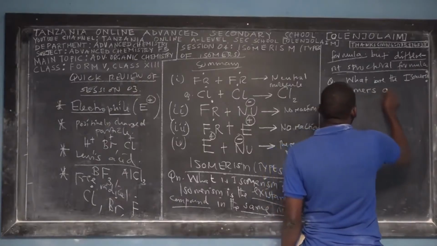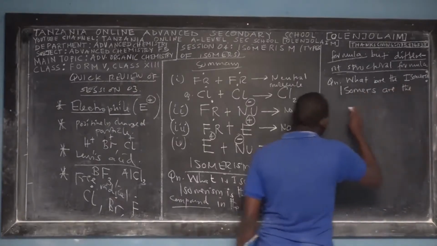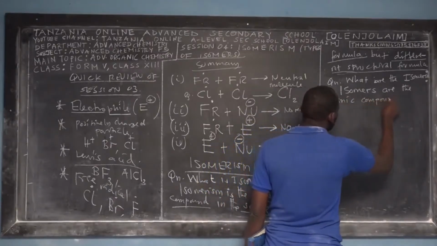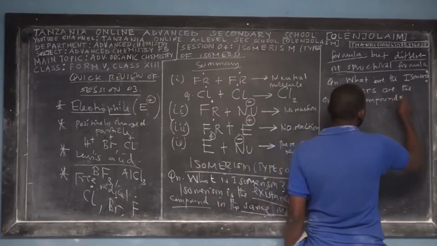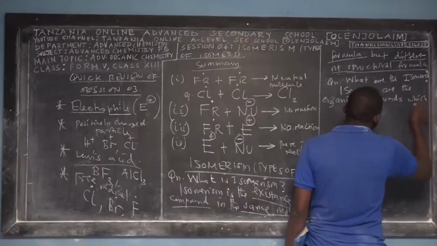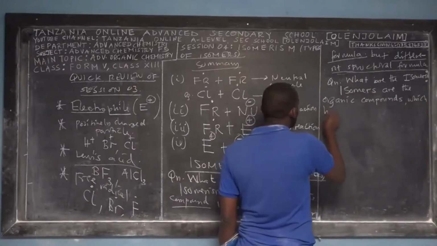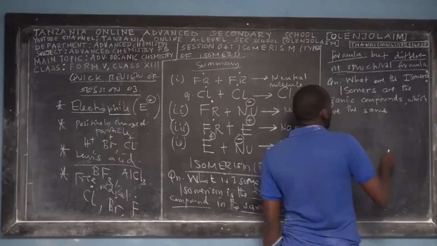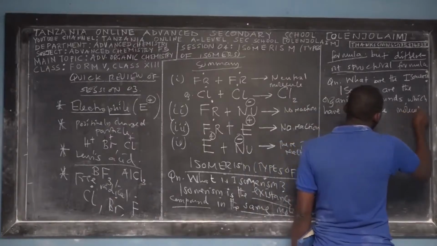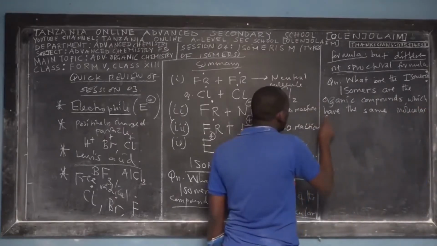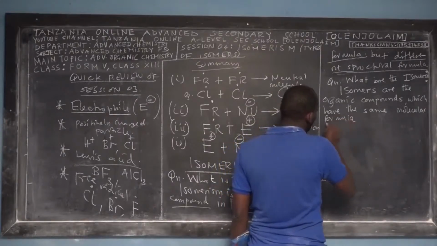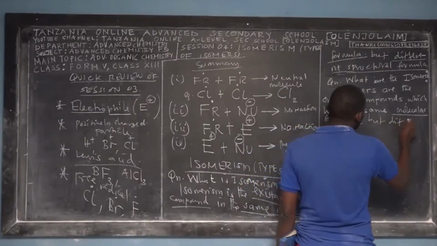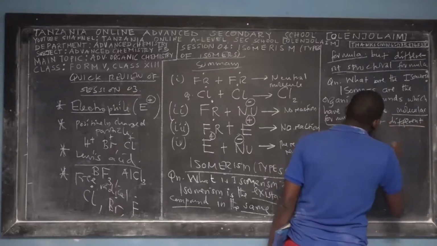Isomers are organic compounds which have the same molecular formula but different structural formula.